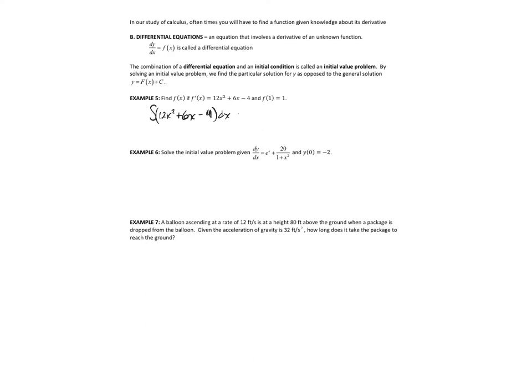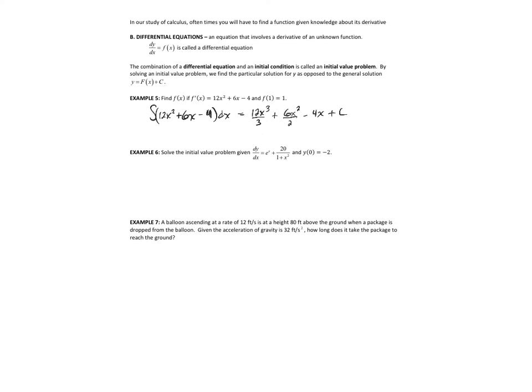So we're going to perform that integration to get the general antiderivative. With the 12x squared, we're going to increase the power by 1 and divide by that new power. Same with 6x. We will increase the power by 1 and divide by that new power. And then minus 4 will become minus 4x. We increase the power of x from 0 to 1. We add the plus c to remember that we have this unknown constant.